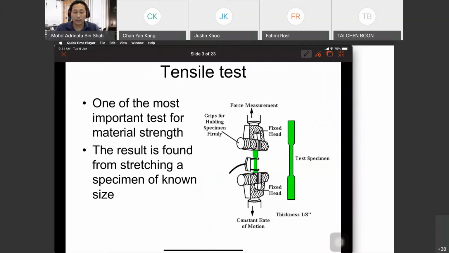The result is found from the specimen with known size. Then we have the force and the elongation.